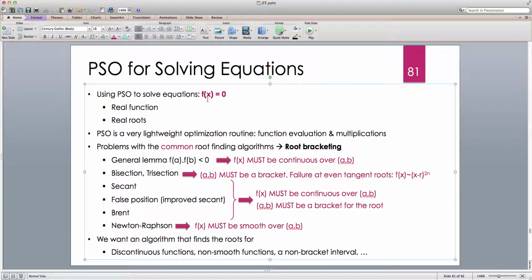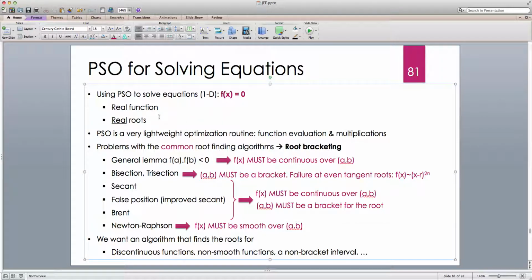So here I'm looking at the one-dimensional case. So f of x is 0, f is a real function, x is a real variable, okay? And we're looking for real roots. Even if the function is real, it might have complex roots. So here we're looking for real roots, all right?